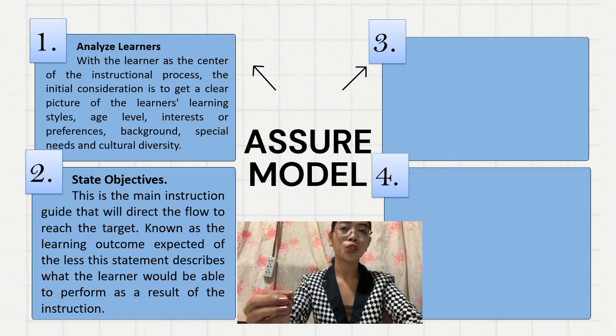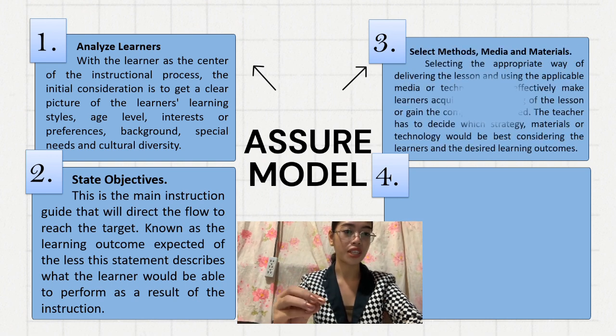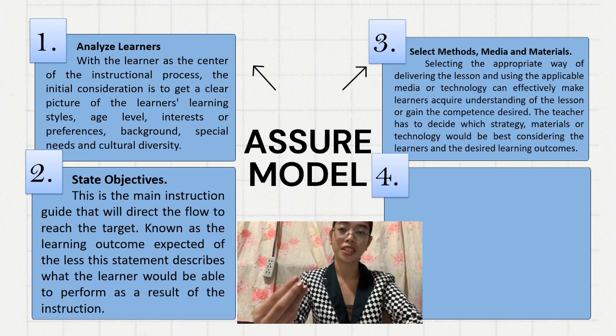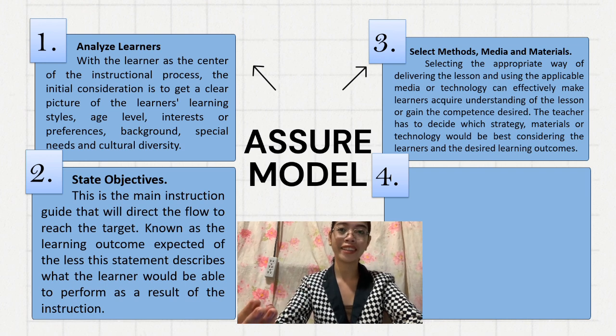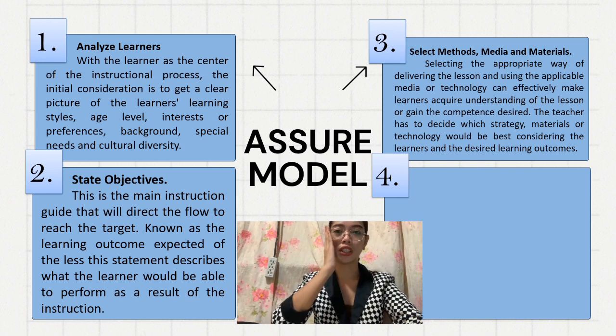And we should make sure na ang atong objectives clearly articulate what learners will achieve. Dapat SMART, di ba? Dapat SMART ang atong objectives, and dapat siya relevant and focused, specific siya, time bounded, then result oriented. Mao na siya ang state objectives.